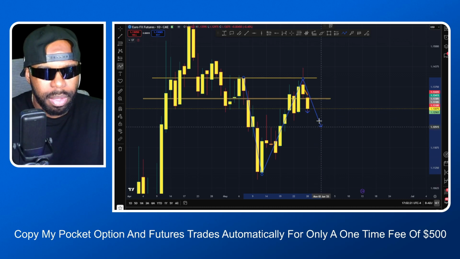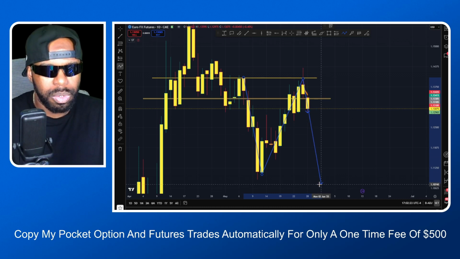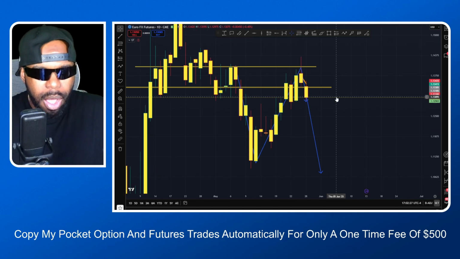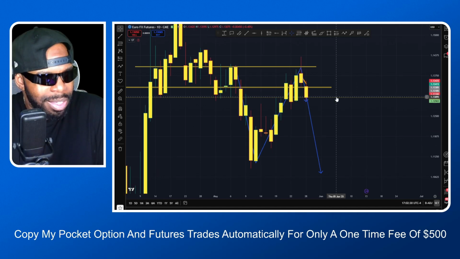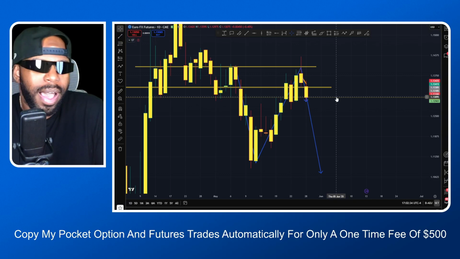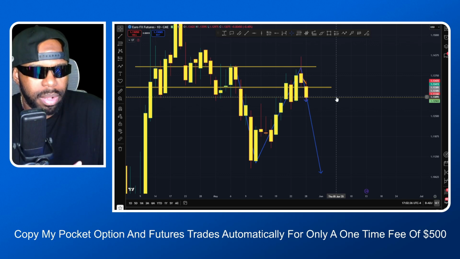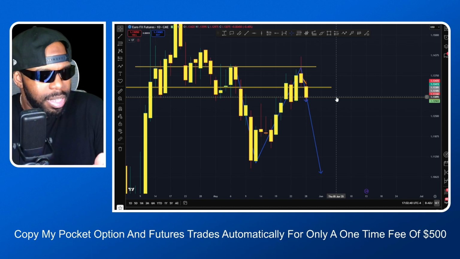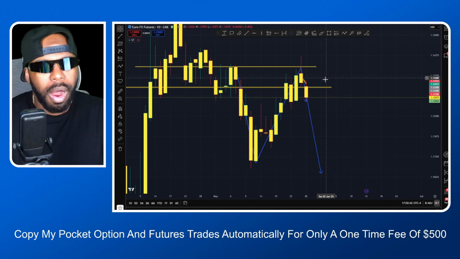Price can come down here and create a potential lower low right there. As you can see, now we have the daily and the 4 hour telling us that we're creating lower highs and lower lows. We're creating bearish movements. It's a downtrend. The daily and the 4 hour are telling us that we are in a downtrend.